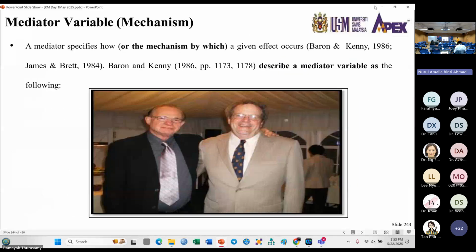These are the two authors who wrote the paper, Baron and Kenny, right? When I met David Kenny in 2008 for lunch, he told me this Baron and Kenny paper, which has 140,000 citations, is not the best paper he wrote. He has a better paper, Judd and Kenny 1981.